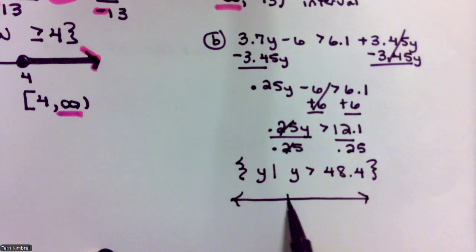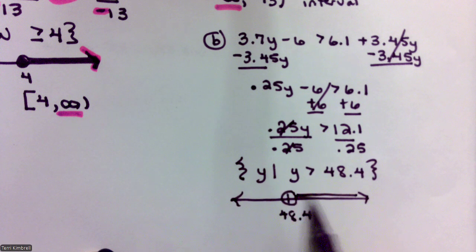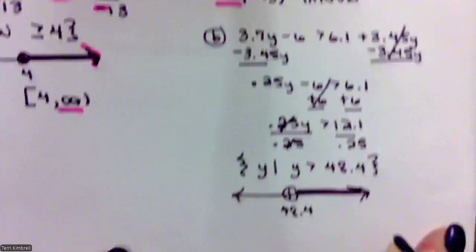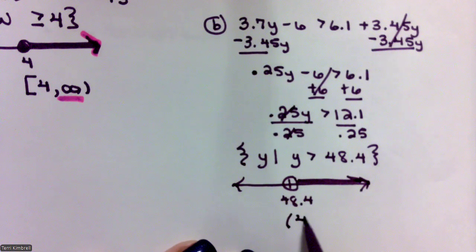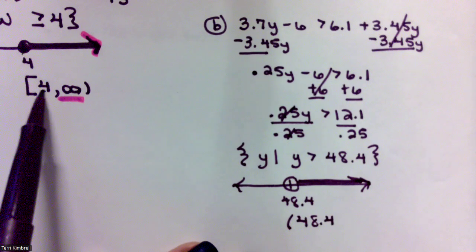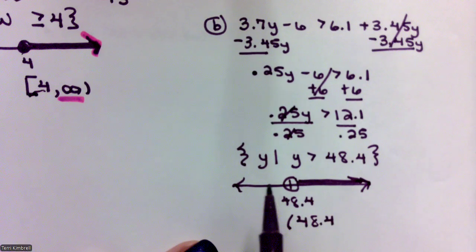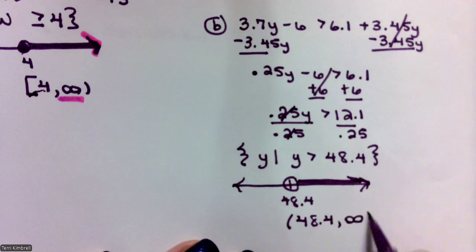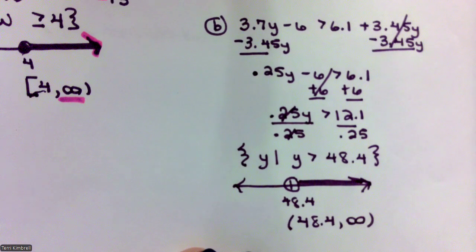This one would be an open circle on 48.4 going to the right. So we'll have a parentheses this time. The bracket was when it was closed, parentheses for open, and this is going to the right, so the infinity is on the right side.